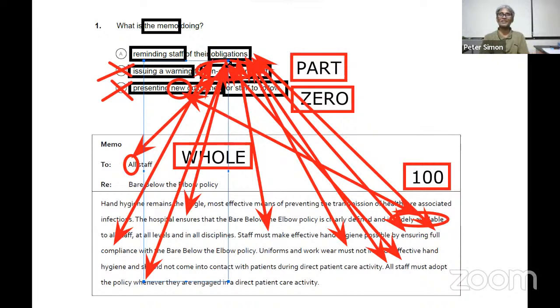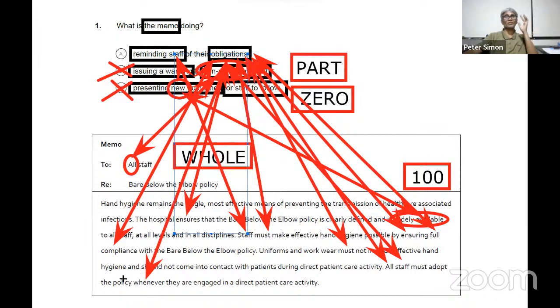It's very, very essential. So, confirmation technique. Now, all the staff must adopt the policy.